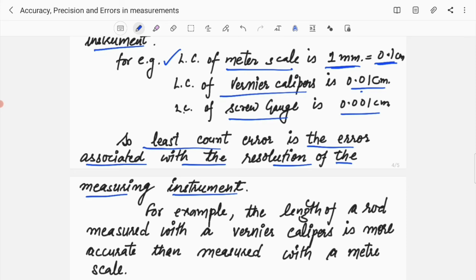So we can say the length of a rod measured by vernier calipers is more accurate than that measured with a meter scale. So this is the least count error, which depends on the resolution of the measuring instrument.